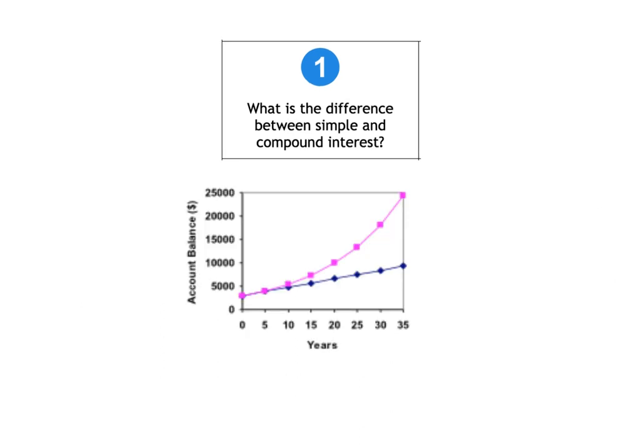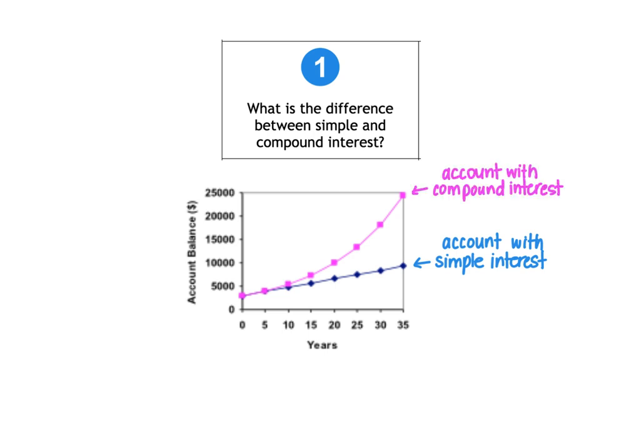So to summarize, the main difference between finding simple and compound interest can be shown on this graph. Simple interest is going to mean that you're going to get a set amount of money every year for however many years the interest is calculated. That means that that amount would be repeatedly added to your original principal or original amount that you invested.